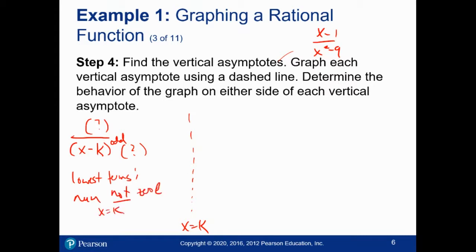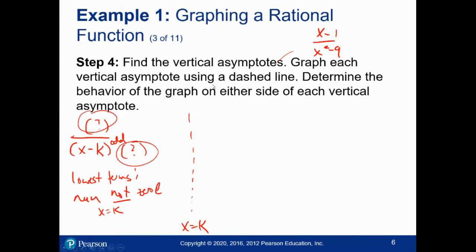at x equals k. So this bit here and this bit here are not 0 at x equals k, which means they're either positive or they're negative, but they're just some number. So if I plug in a value of x really, really close to k, it's either just a tiny bit bigger or just a tiny bit smaller.